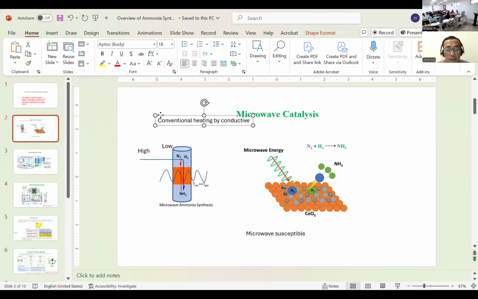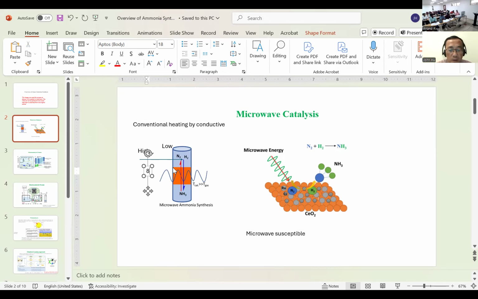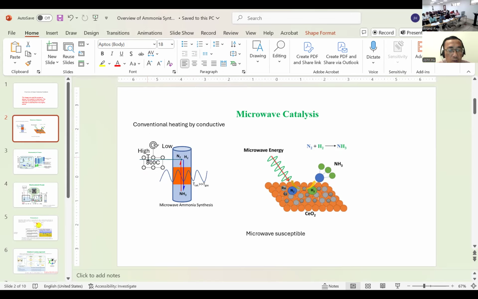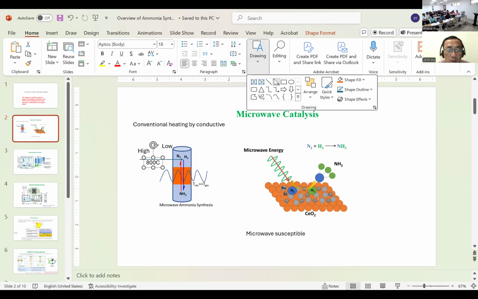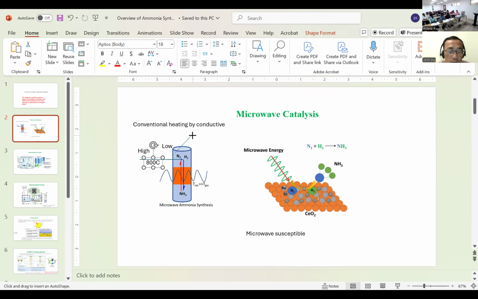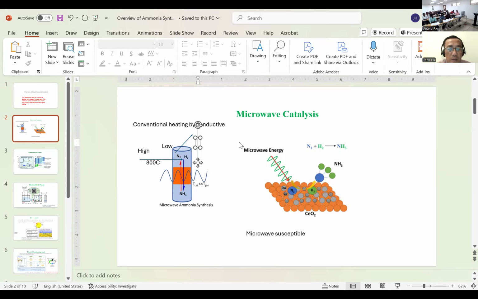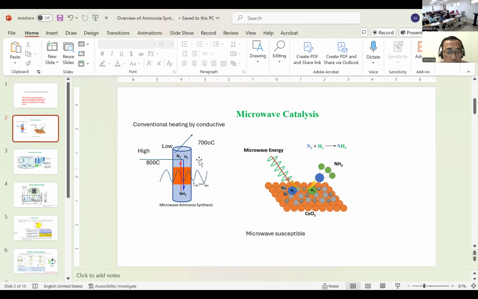I'm going to write this: conductive heating. You will agree it's going to be 800, I would say 800 C from the heater. And if I point to here, the reactor wall could be, I would say maybe 700 degrees C. Then the orange is the catalyst.